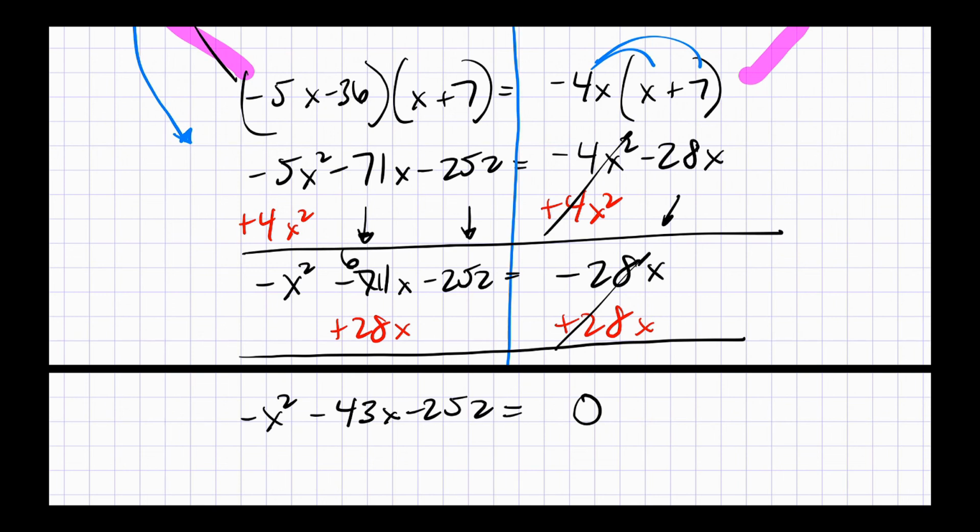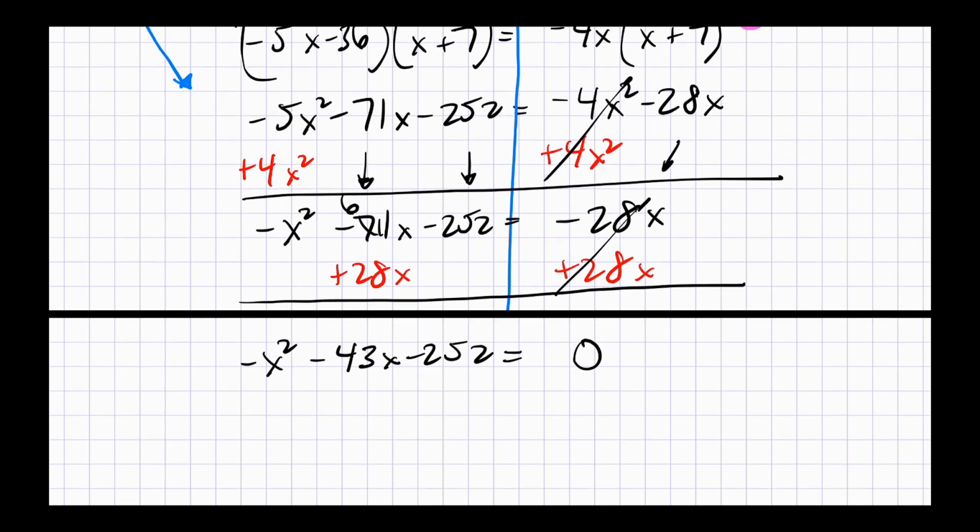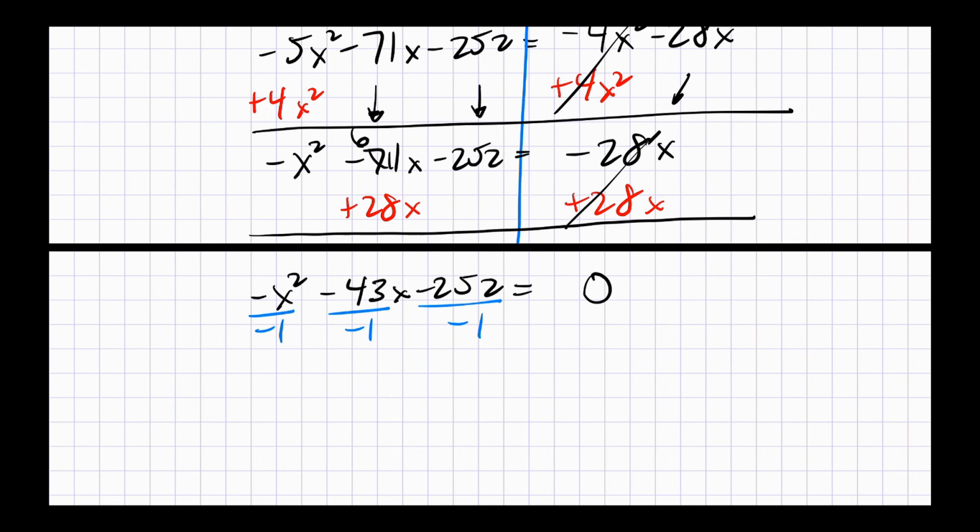My next step would be ABC, right? But I can't do ABC right now because A is going to be negative. So I've got to factor out a GCF. The GCF is just going to be negative 1. Negative 1 just changes every sign. It doesn't do anything other than change the signs. So the GCF is now negative 1 times x squared plus 43x plus 252.